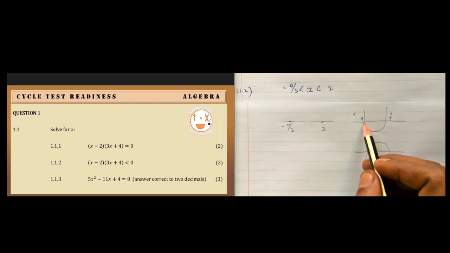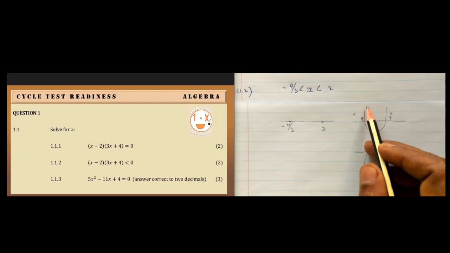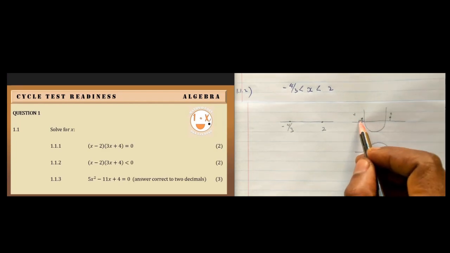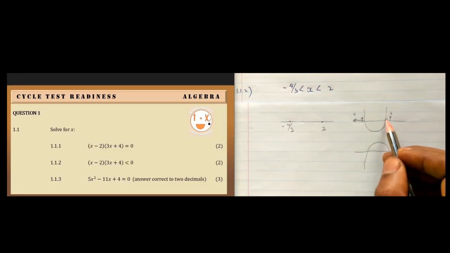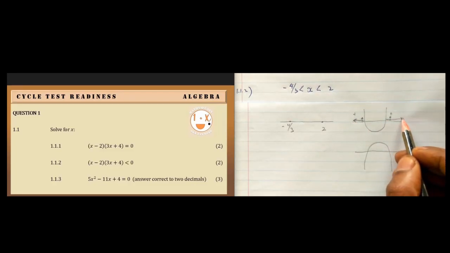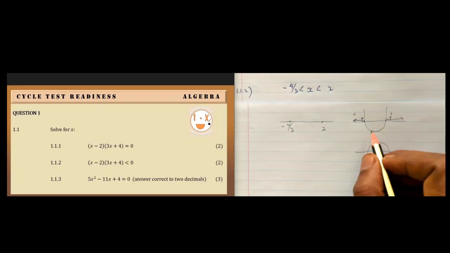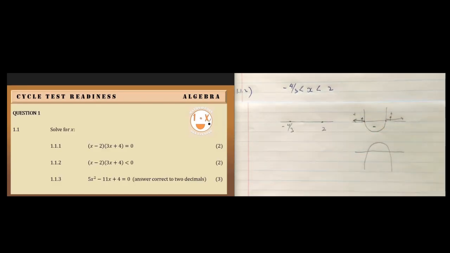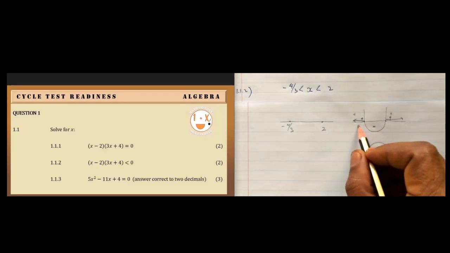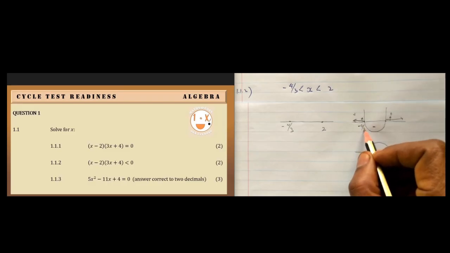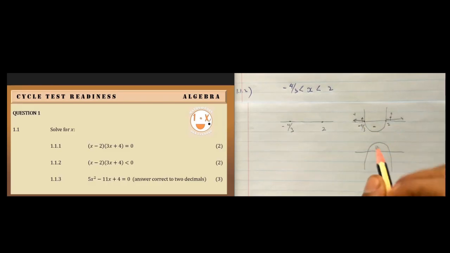And what makes the function to be positive that direction? It is all the x's from there to there. It is all the x's from there to there. So you will look at your roots. Then our function is negative there. So where is this? This is in between where? It is in between -4/3 and 2.